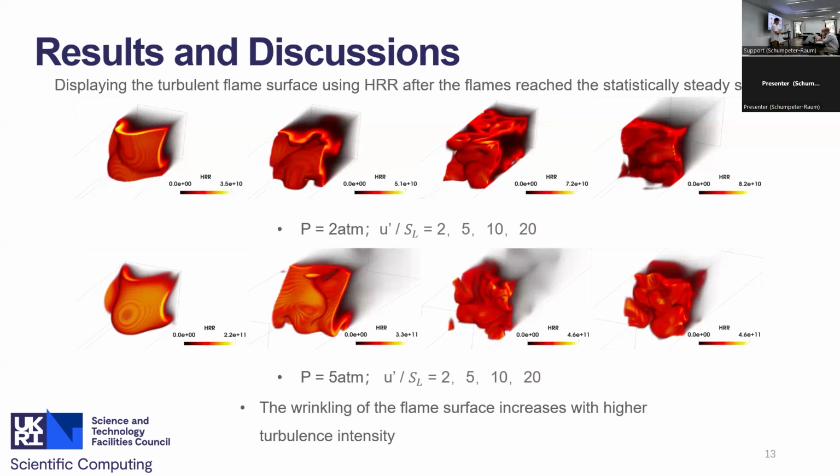From left to right, the turbulence intensity increases from U prime 2 to 20. In the case of the same pressure, as the turbulence intensity increases, the wrinkling of the flame surface also increases. You see the flame front presents smaller structures, and the heat release rate in the high pressure case is higher than in the low pressure case, which matches our expectation.